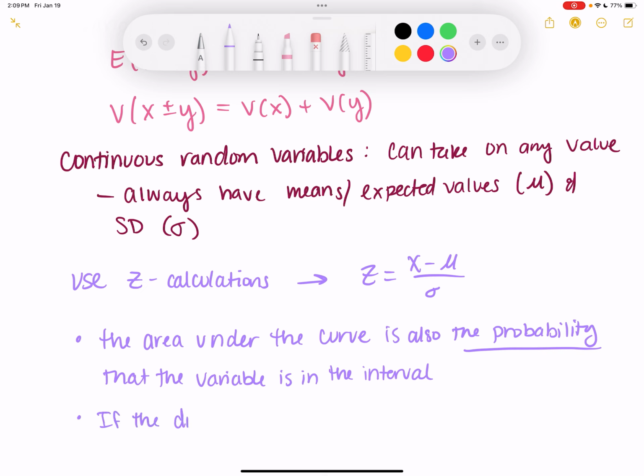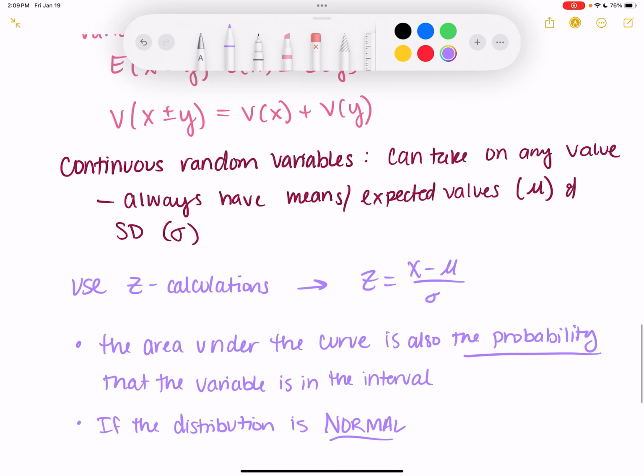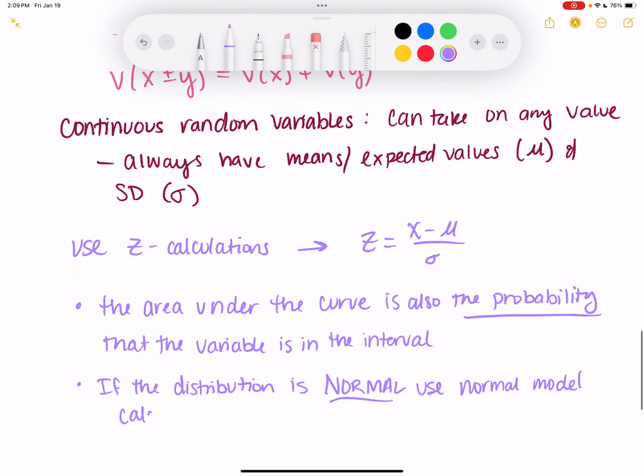If the distribution is normal, use normal model calculation methods.